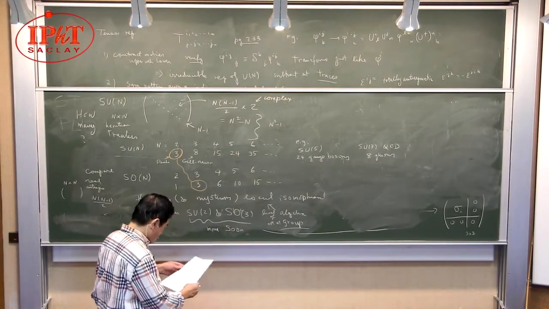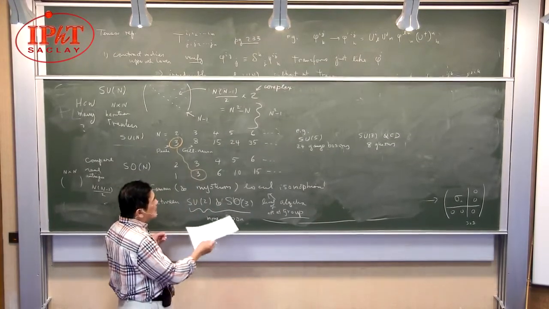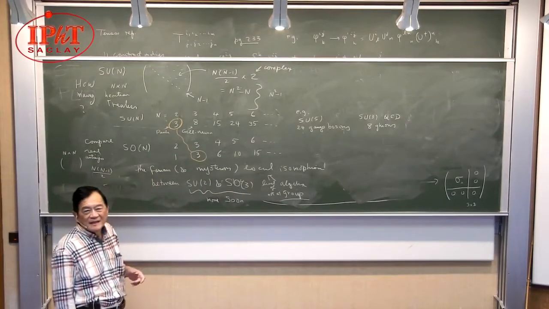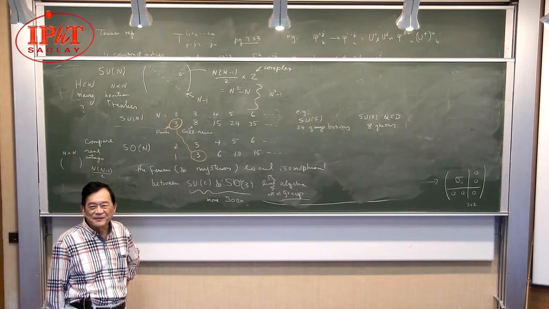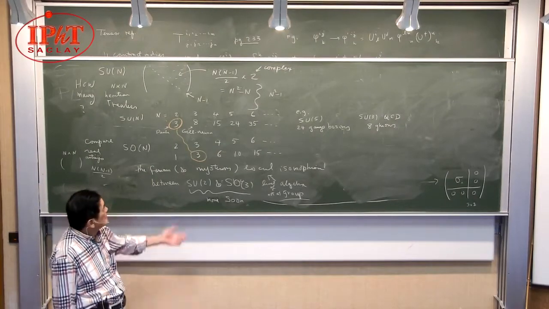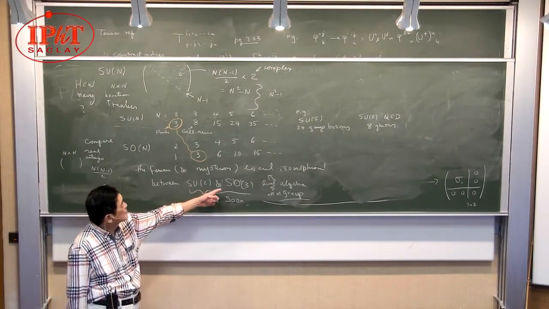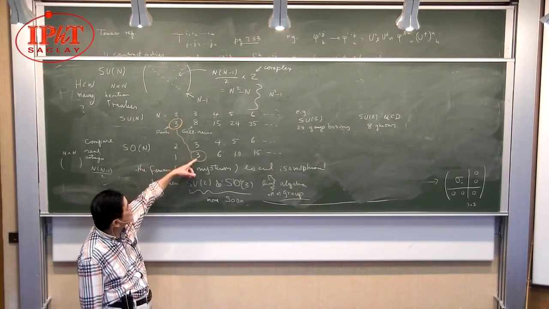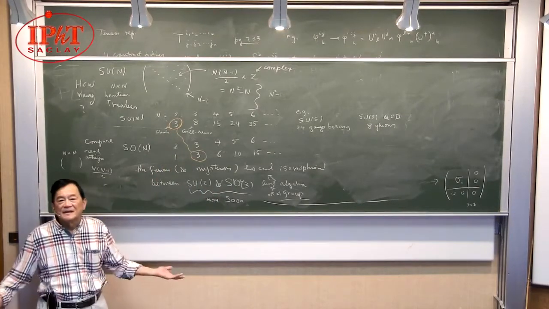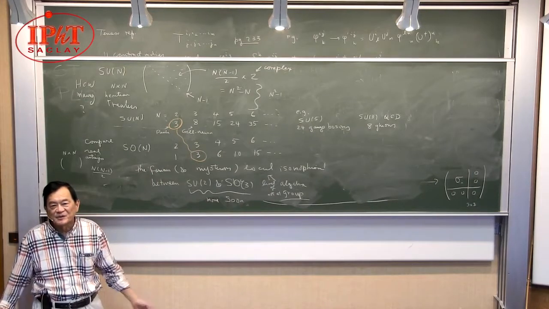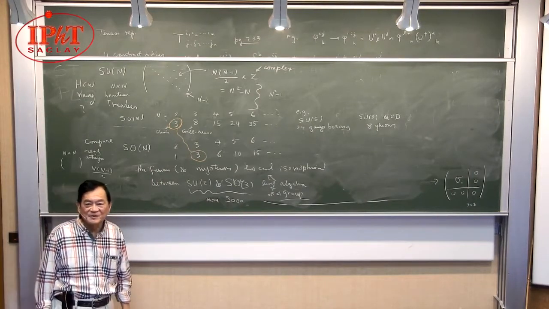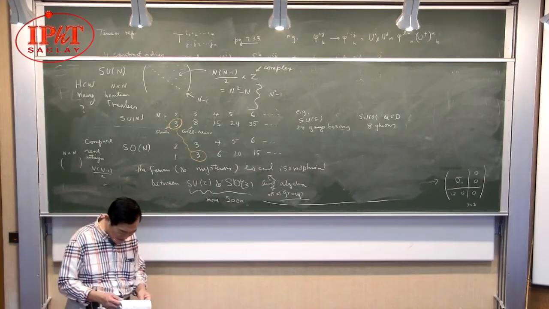So the proof of this, you can just give a quick heuristic, hand-waving proof: these are two Lie algebras, and both Lie algebras have 3 generators. And there are only so many simple Lie algebras, so they must be isomorphic.